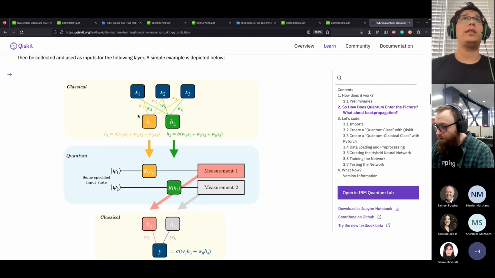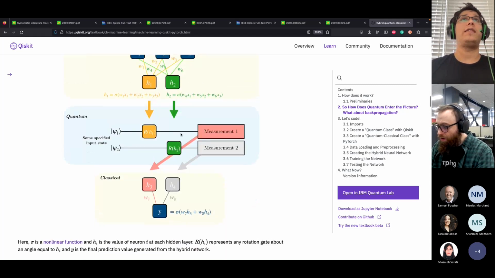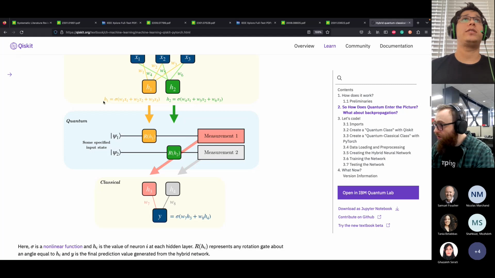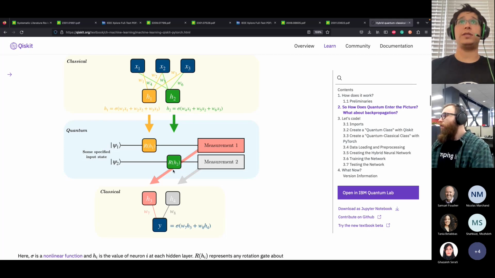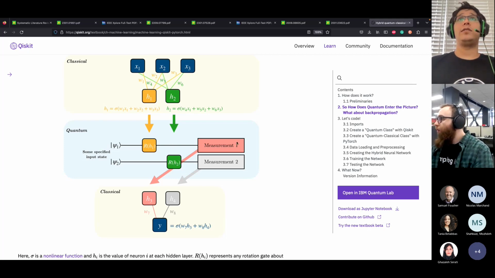So you plug in one of these modules from PyTorch, and then you can use these outputs, this H1, H2 from your neural net, and plug them into the rotation gates of a parameterized quantum circuit. Then you can do quantum measurements on these qubits, on these quantum states, and use the measurements or the probabilities after the measurements to put them into another layer of your neural net.